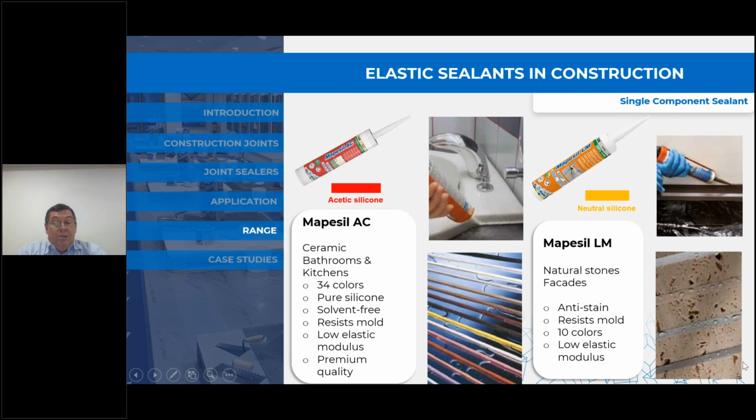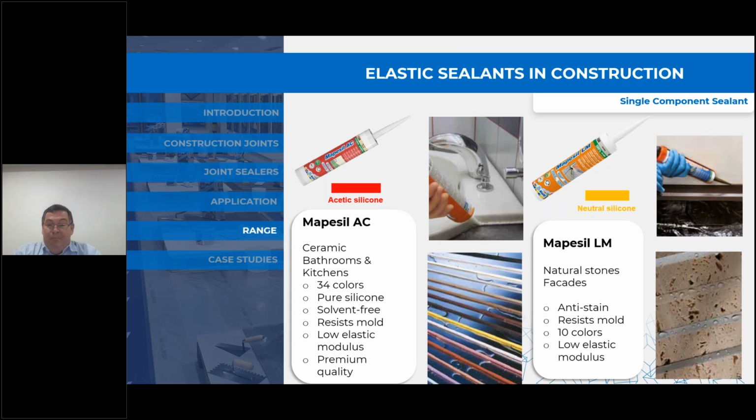So just running through those, we look at acetic cure, so Mapei AC. It's a ceramic bathroom and kitchen material or silicone, 34 colours. It's a pure silicone, so it doesn't have fillers in it. It's solvent-free. It resists mould. It has mould inhibitors in it. Low elastic modulus, and it's a premium quality material, as you would expect from Mapei.